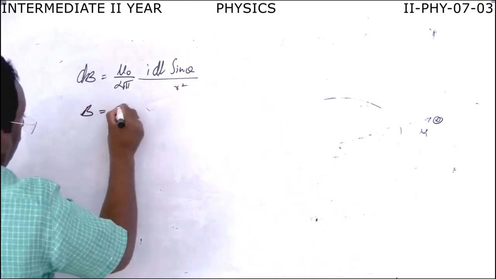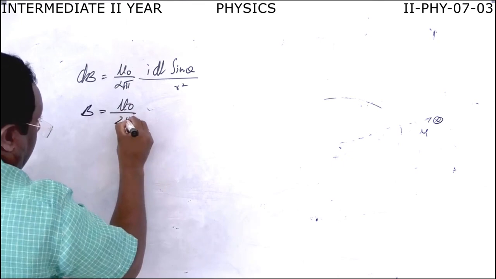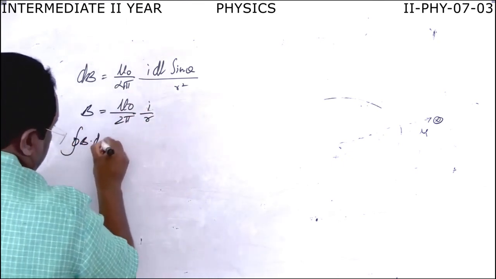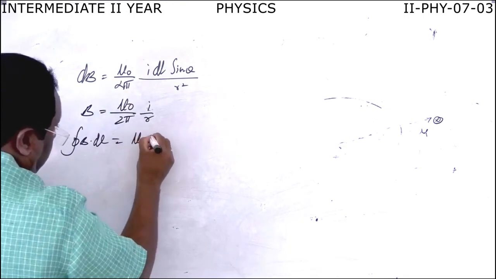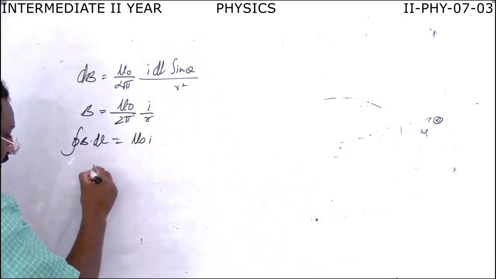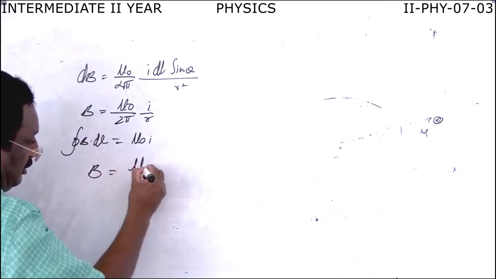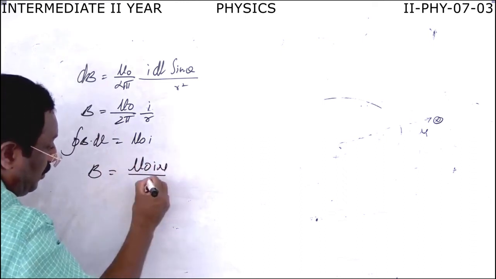B is equal to mu naught I by 2 pi R, and the magnetic field due to a current carrying coil at the center is mu naught IN by 2R.